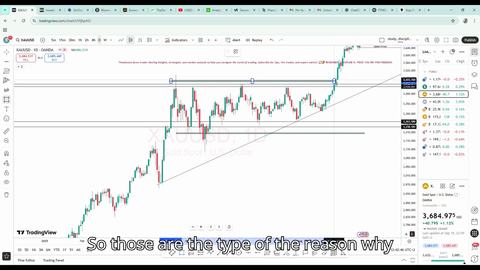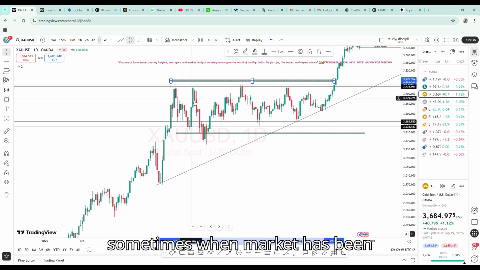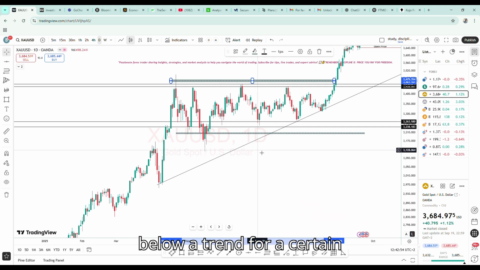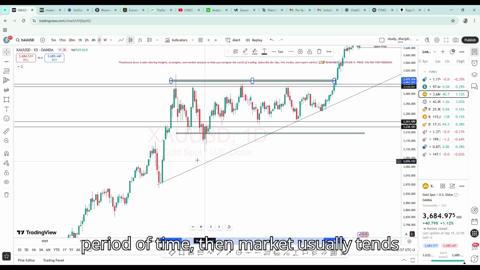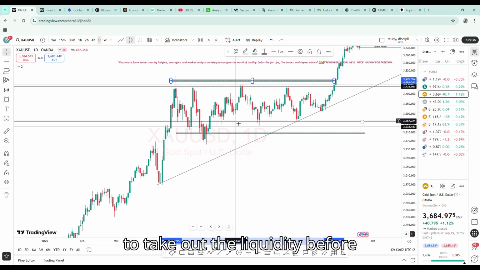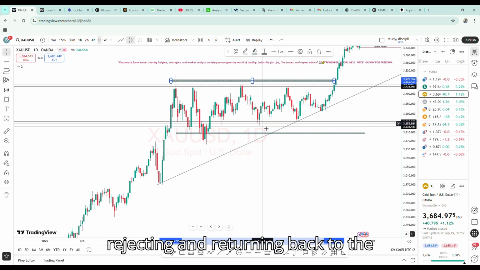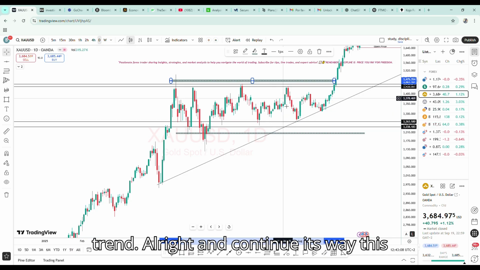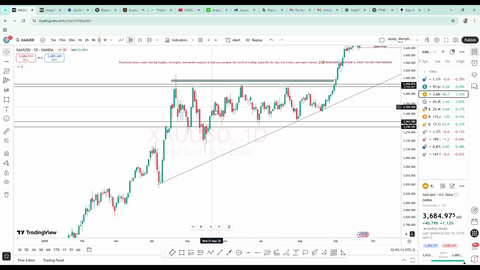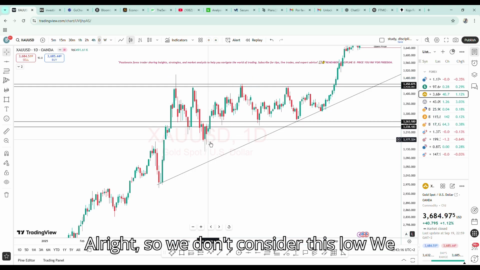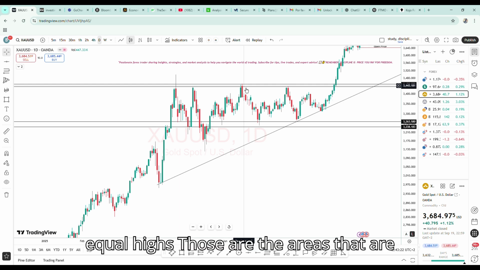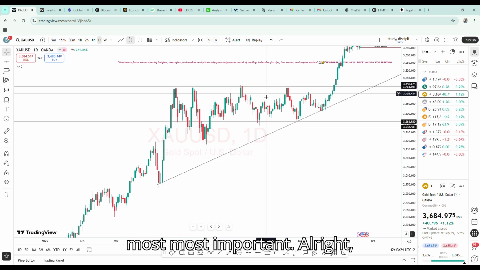So that is why sometimes, when the market has been trading in the range, or above a trend or below a trend for a certain period of time, the market usually tends to flash lower or flash higher to take out the liquidity before returning back to the trend and continuing its way in the range. So this is what's happening right here. We don't consider this low; we consider the areas where the market makes equal lows and equal highs. Those are the areas that are mostly important.